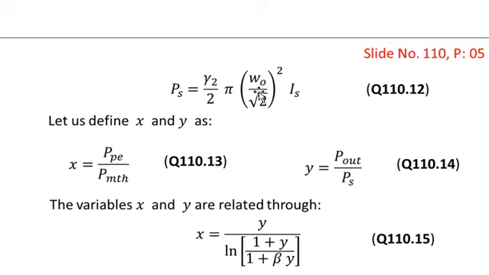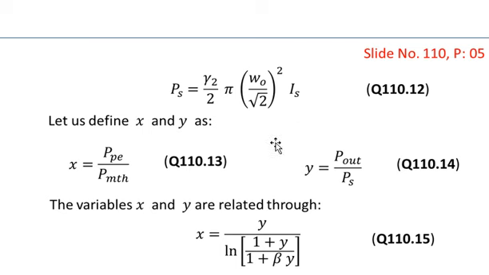Here the radius of the beam r is w naught over square root of 2. So pi r square is the area of the beam, multiplied by Is. Is is the saturation intensity, and gamma 2 is the loss through mirror number 2. So this is the expression of the saturation power in terms of the saturation intensity and the parameters of the beam spot.